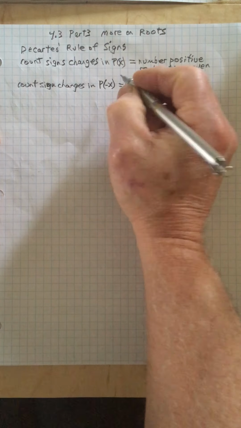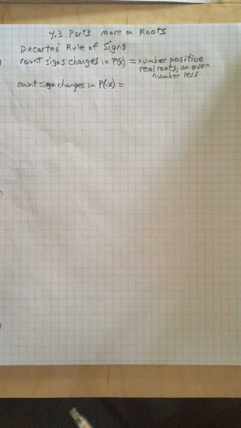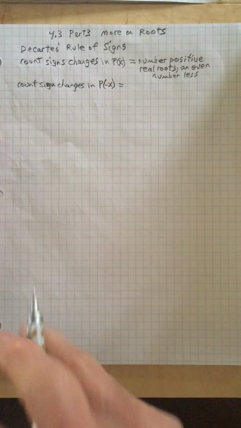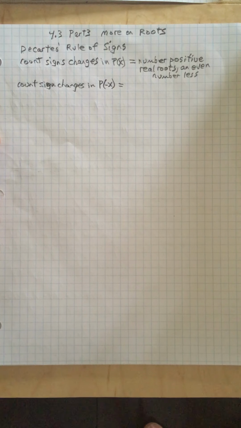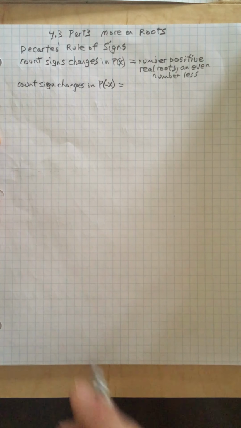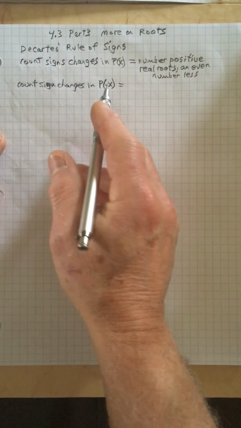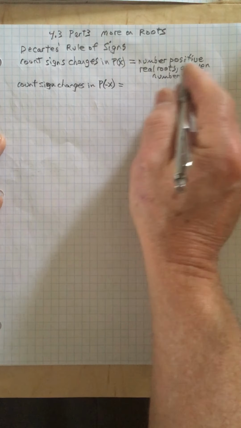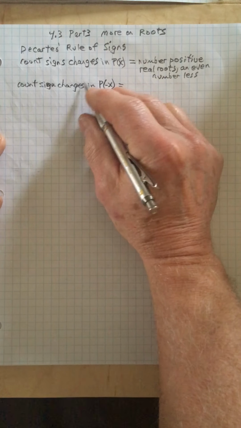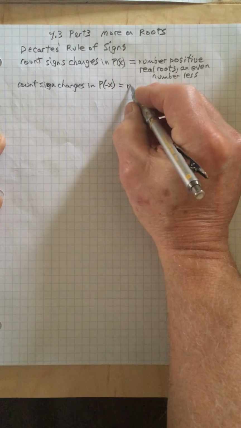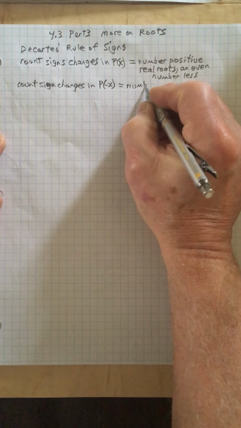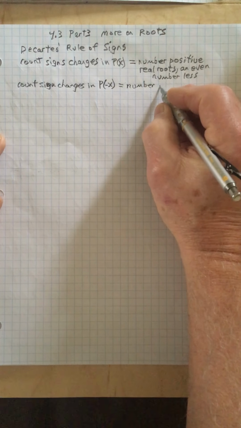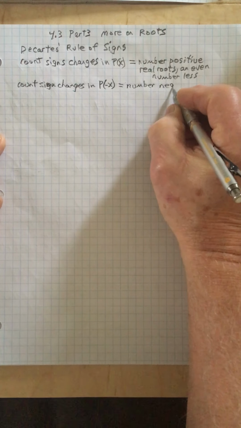In other words, replace x with minus x, and particularly with cubes, you're going to wind up with a sign change when you cube a negative, that kind of thing. So put the negative x in, refigure the polynomial, and then do the same thing here. Whatever the number of sign changes is, that'll be the number of negative real roots.